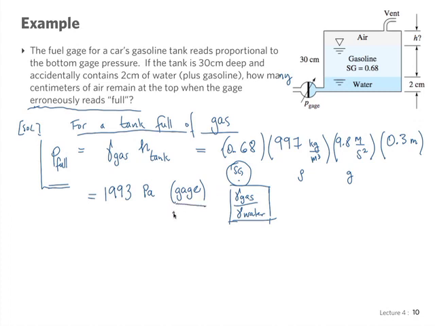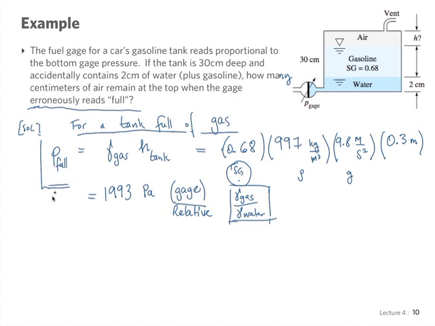Gauge means it's relative with respect to atmosphere, and you need to add atmospheric pressure to get absolute. The standard atmospheric pressure, the pressure of 1 atmosphere at 20 degrees at sea level, is also a value that you get from a table.